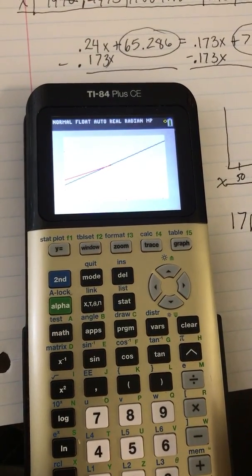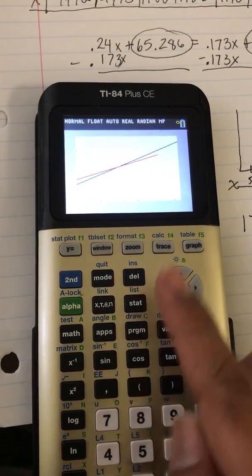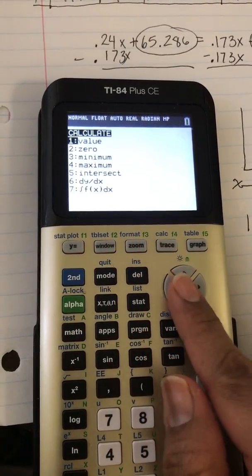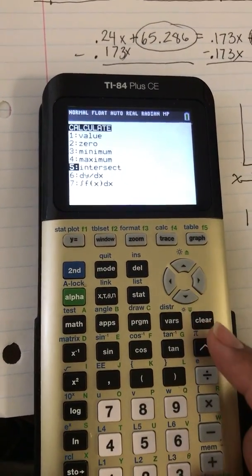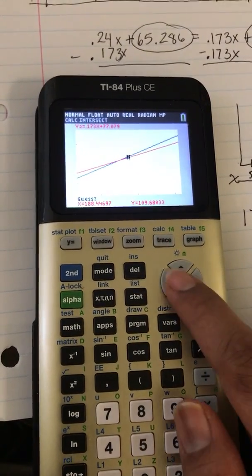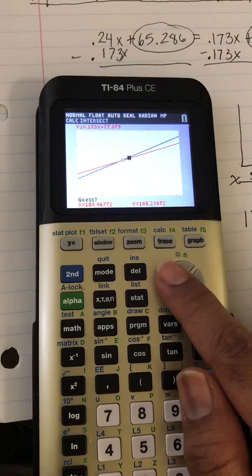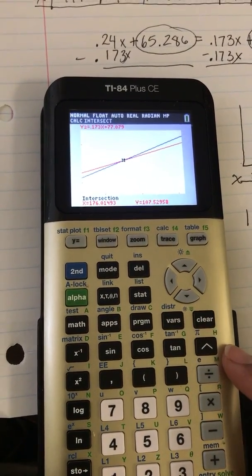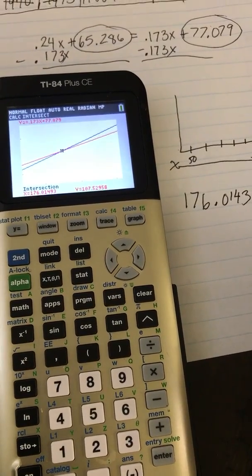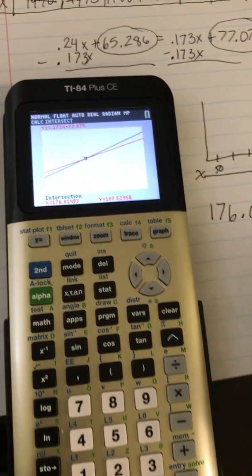Now here it is. And you can see the intersection a lot better. So I'm going to calculate that intersection again, and maybe my numbers change, I'm not sure. First curve, enter. Second curve, enter. My guess, it's about right here. And it is the same thing, 176.0143.